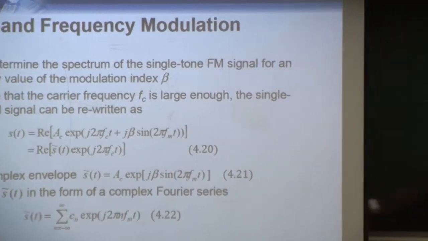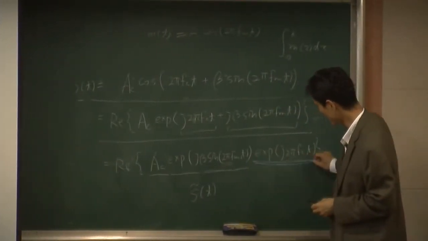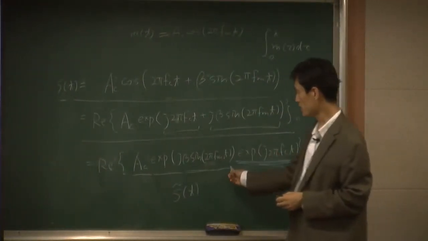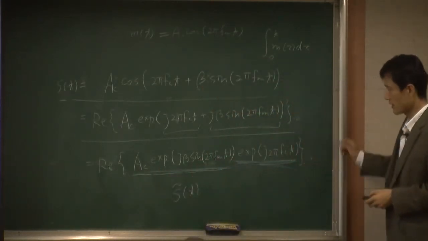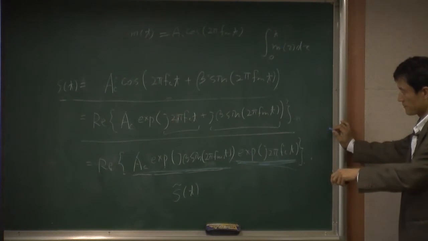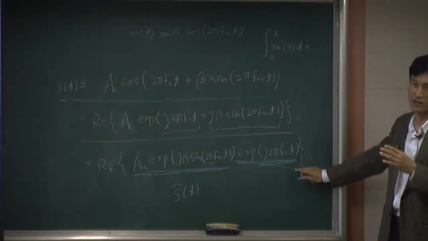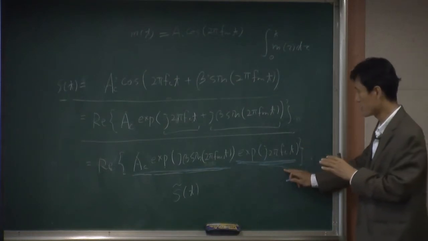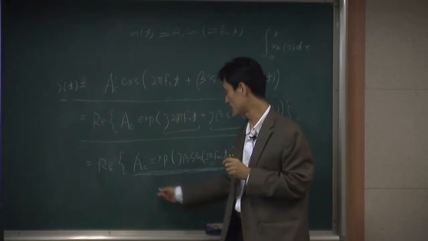Now things look a little bit simpler because we separated it: here's the carrier component, and this is your message component. The carrier component we don't care about, because the carrier looks like this anyway, so we don't do anything about the carrier. What we are interested in now is the message component, S tilde t.